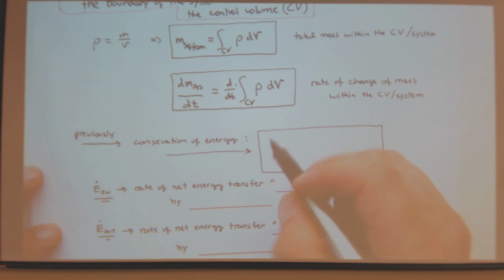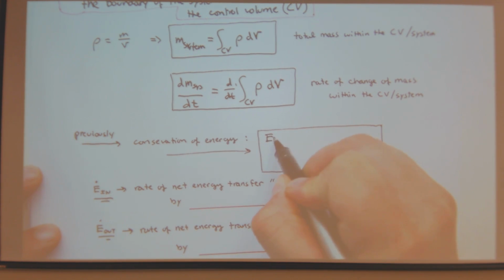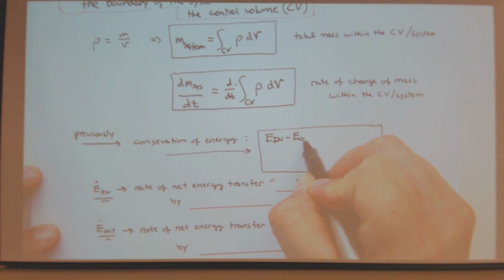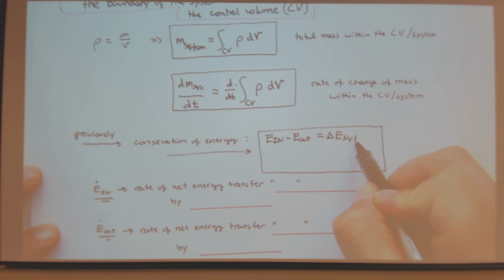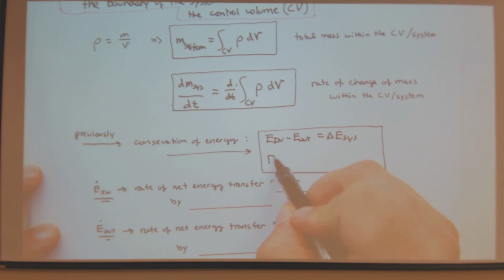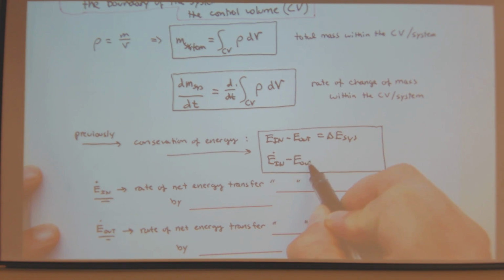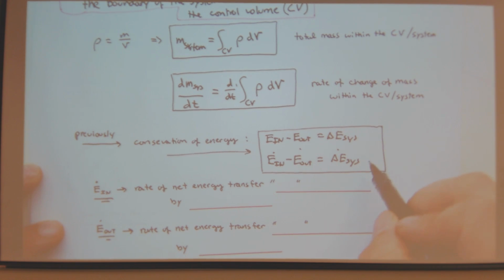So previously we had related the conservation of energy, energy in minus energy out, equals the change in energy in my system. And in rate form, E dot in minus E dot out equals the change in energy in my system dot. And of course, this is d dt of delta E system.